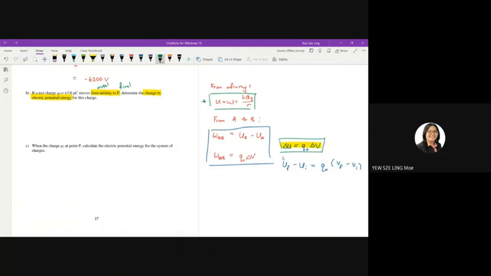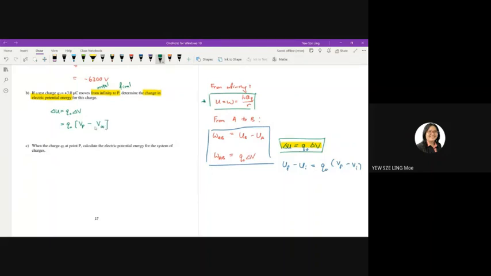If you want to apply delta U equals Q naught delta V, we can expand this into Q naught times V final minus V initial. My final position is P, so VP minus V infinity.